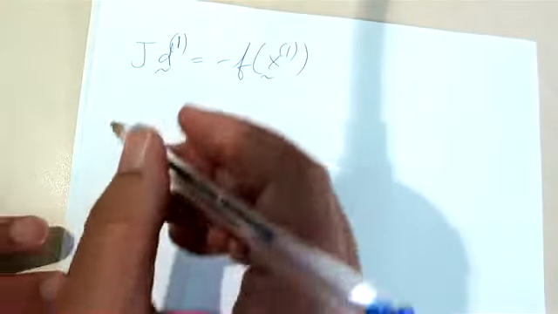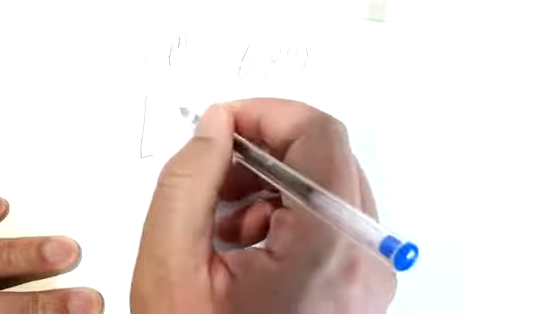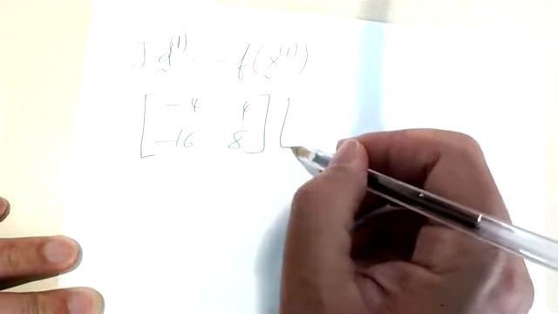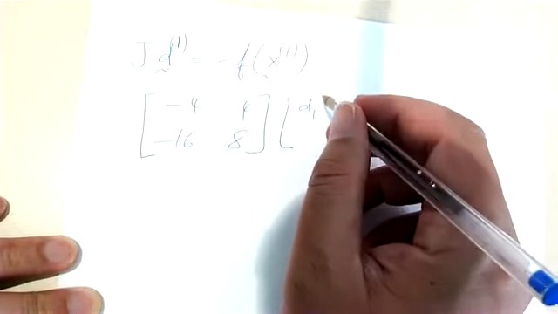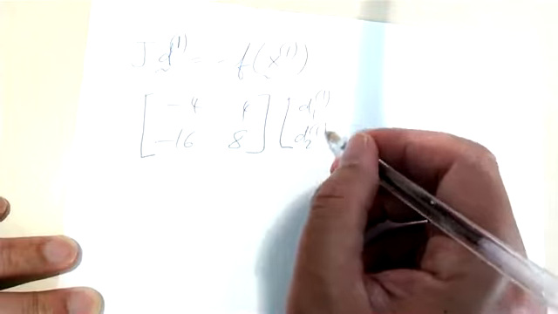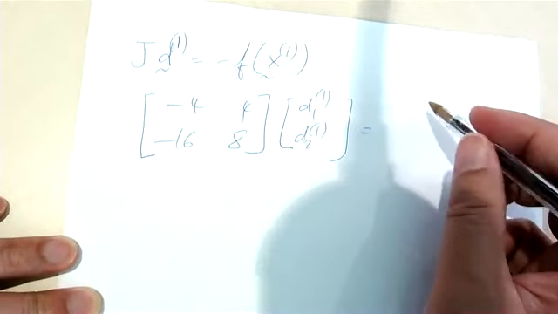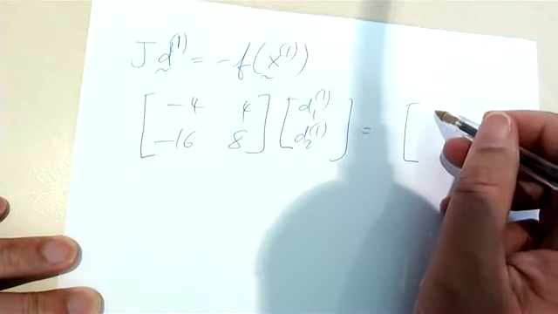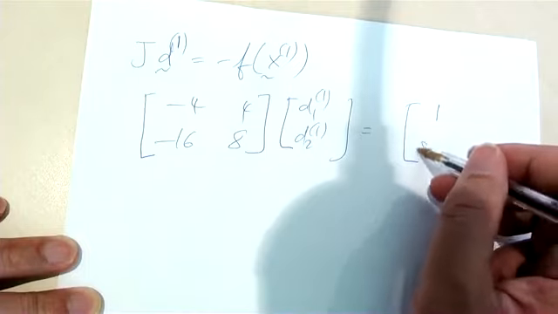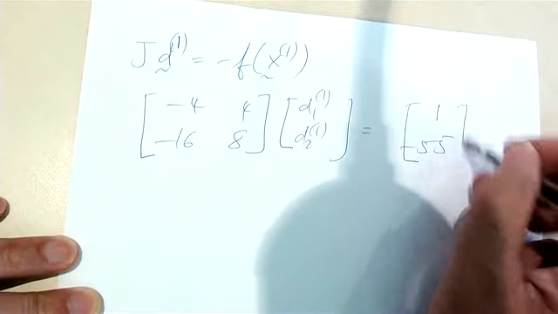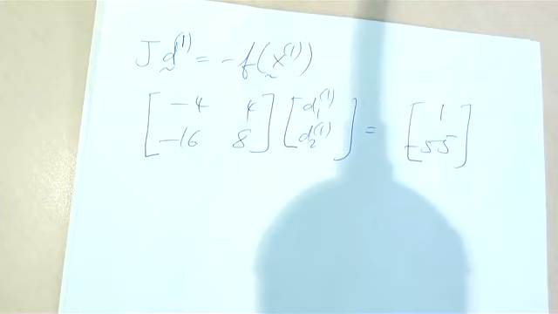Okay? And remember the matrix, so minus 4, 4, minus 16, 8, and then D1, D2 equal, so the function F is 1, minus 55, yeah, and then you get out this D1, okay?